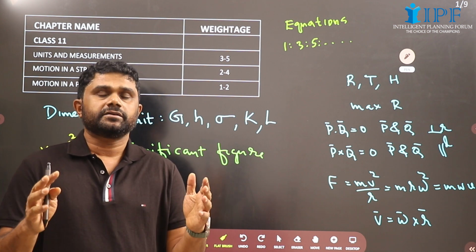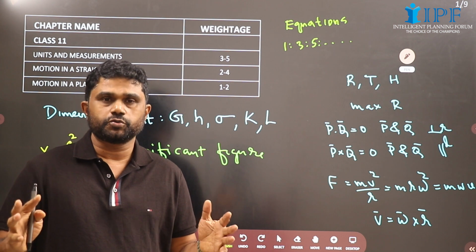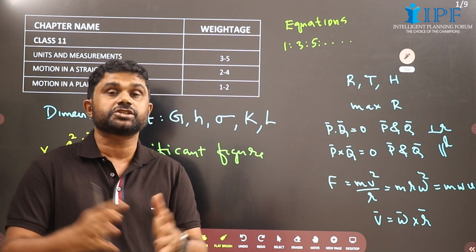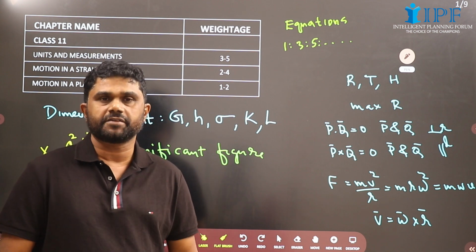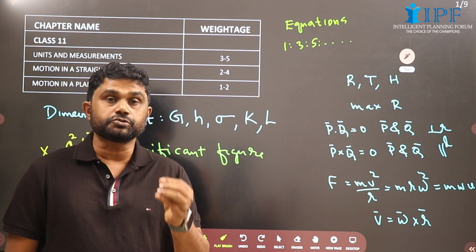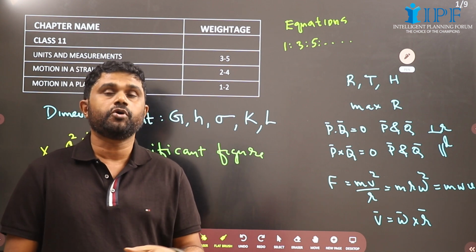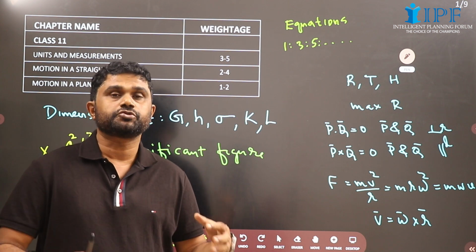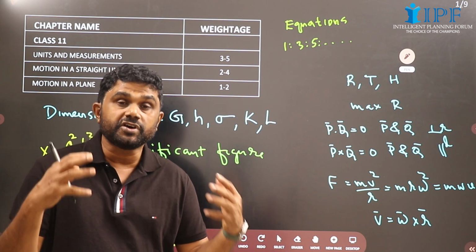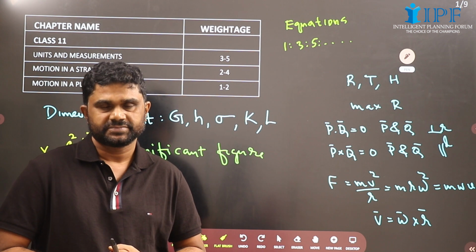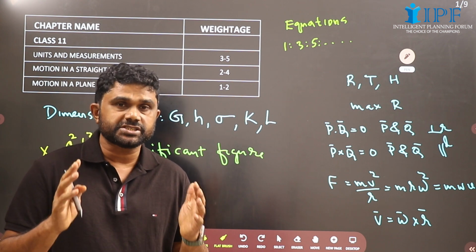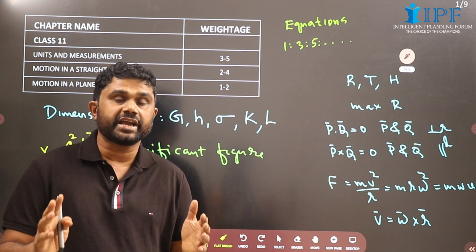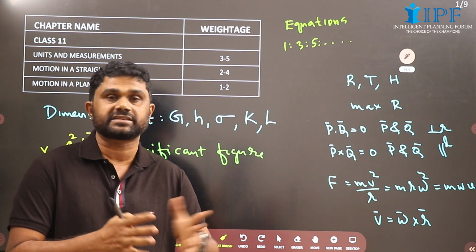See, the main thing in this chapter is of course the equations of motion. v equal to u plus at, s equal to ut plus half at square, v square equal to u square plus 2as. You should know all these equations, and how and where to apply them. Keep in mind that all these equations can be applied only when a body moves with a constant acceleration.